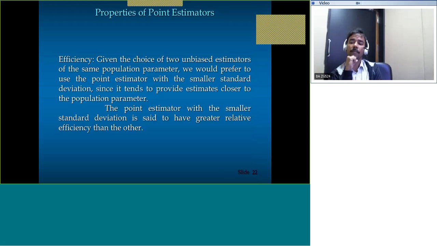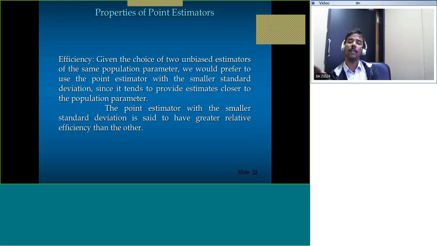I'll repeat once. The question of efficiency is, for example, if you want to estimate the population mean, you can have many unbiased estimators. For example, the sample mean is an unbiased one, the sample mode is an unbiased one, the sample median may be an unbiased one.